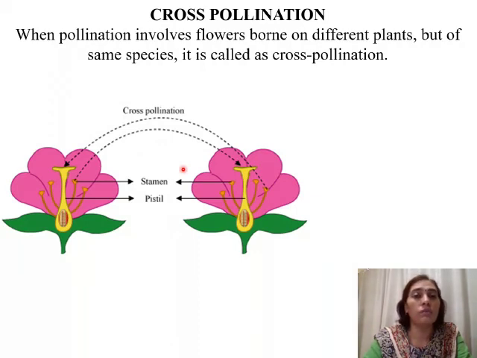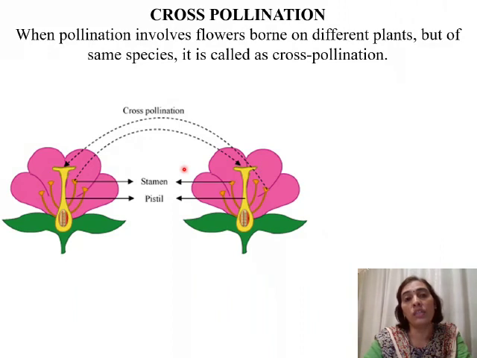And so wind is one of the agencies of cross-pollination. Secondly, birds and insects visit flowers for nectar. And while sucking the nectar, the pollen grains get stuck to their wings.